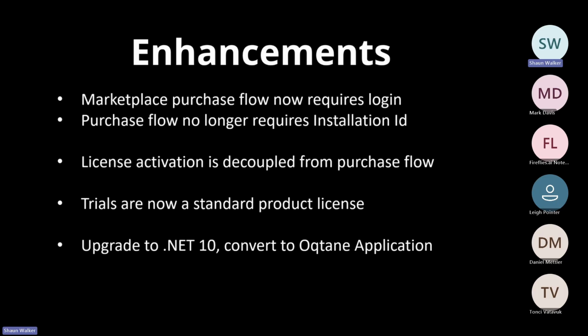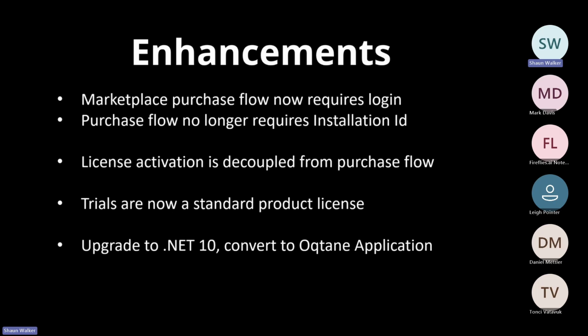License activation has been decoupled from the purchase flow. So when you purchase a product, a license isn't generated automatically. The license is generated at the time that you activate the product in an installation. Also, the notion of an enterprise license exists now, where when you purchase a product, that product can be activated in multiple Oqtane installations.